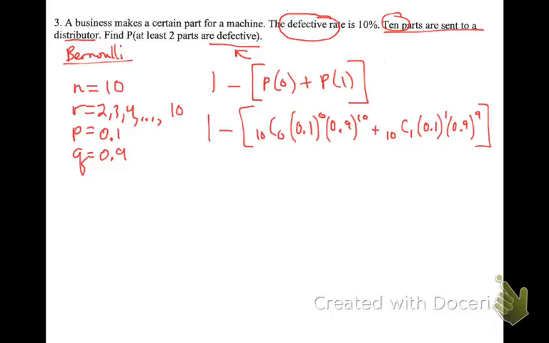This calculation is going to be fairly nice and easy. 10C0 is going to be 1, 10C1 is going to be 10. So if you type in 1 times 0.1 to the 0 times 0.9 to the 10th, you would end up getting 0.3486784401.